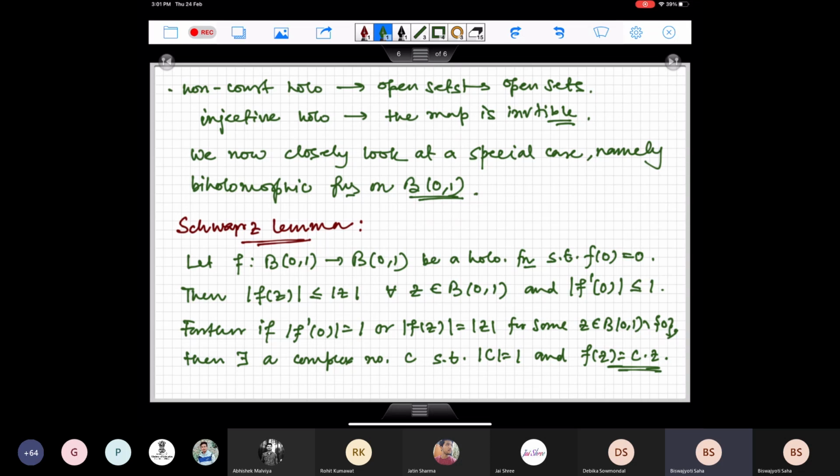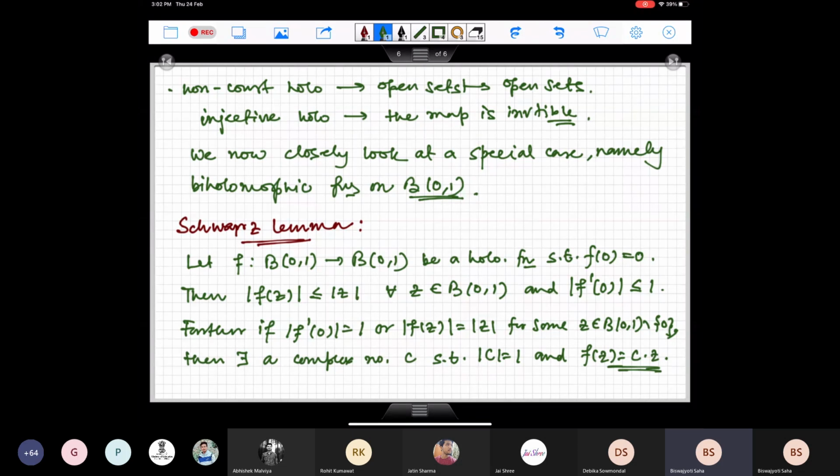As I told you, the eventual aim is to study functions which are biholomorphic, and clearly functions like z square or z cube are not going to be invertible, right? These are not injective functions, so we will not be much interested in them.